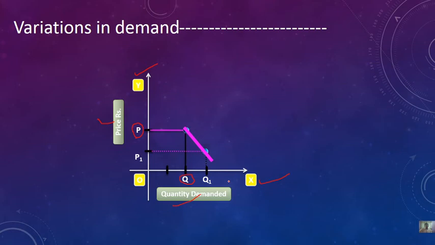Due to a fall in price from P to P1, there is a rise in quantity demanded from Q to Q1, known as expansion or extension of demand.